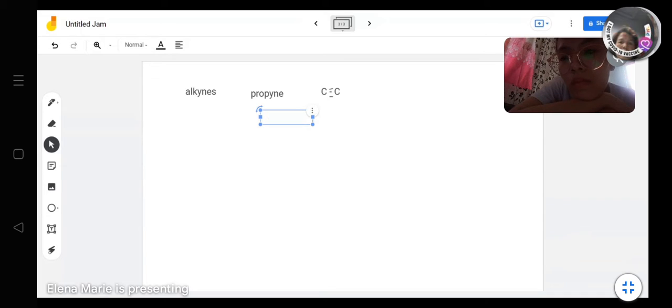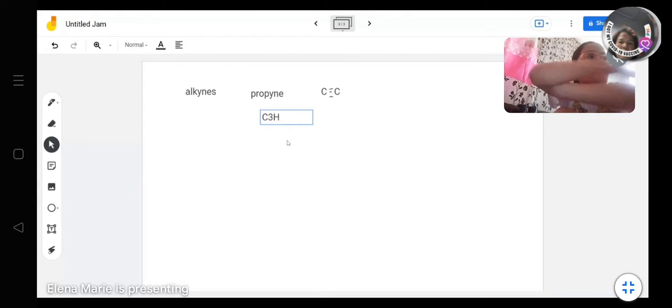And for the next one, the alkyne, the propyne, you will have here C3H4. Let me see. C3H4.